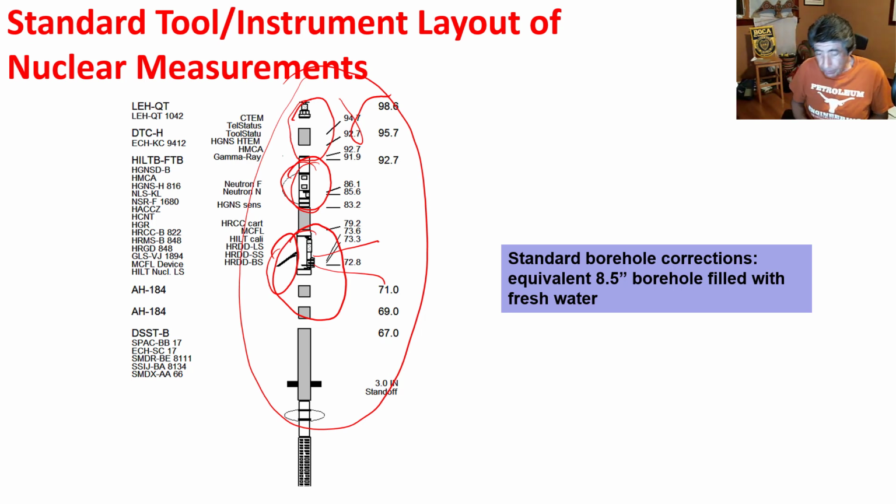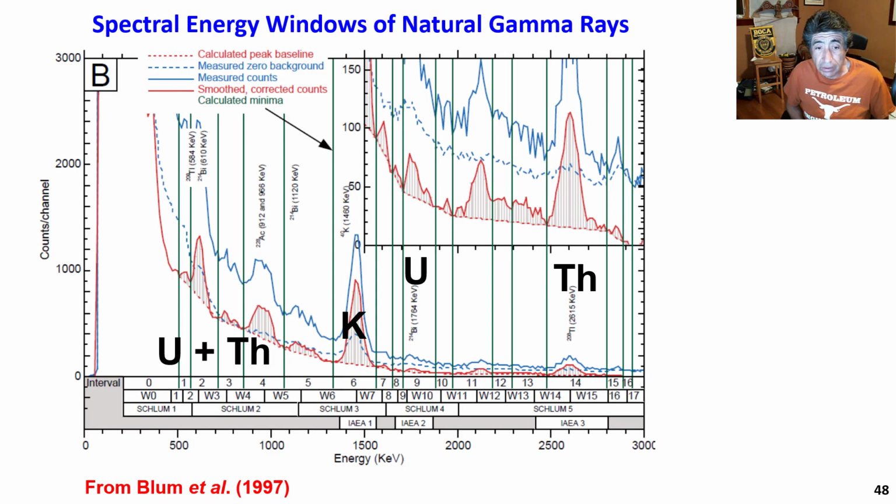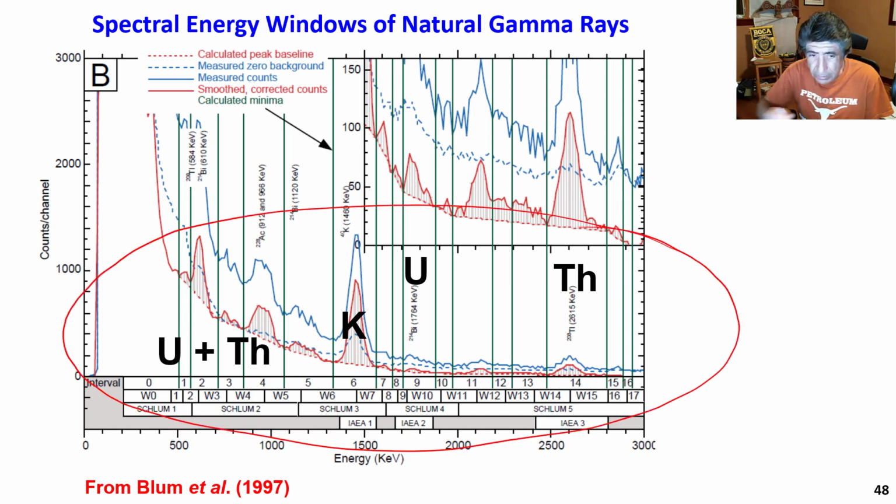That's one thing. The second one that I want to say is that the energies of the gamma rays from the cesium-137 or coming from the Minitron tool will have nothing to do with spectral gamma ray logs. These spectral gamma ray logs, their energies are so low compared to the energies that we deal with for the cesium-137 source that they're almost negligible.